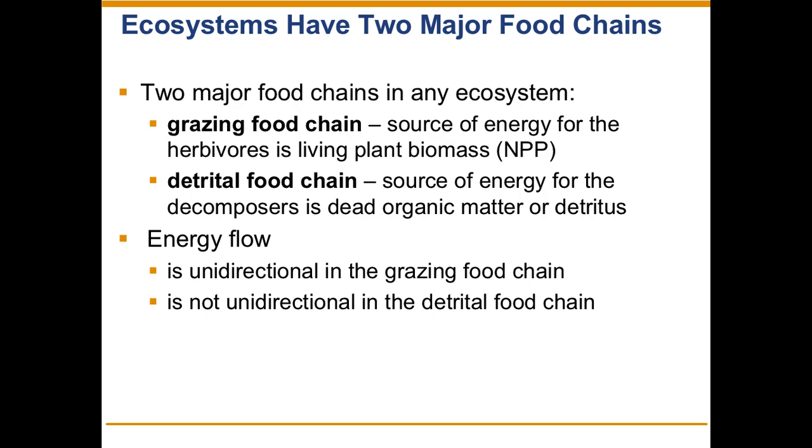I've almost entirely talked about what we term the grazing food chain, where herbivores feed on primary producers. There's a secondary detrital food chain, which we'll talk more about in subsequent lectures or subsequent courses.